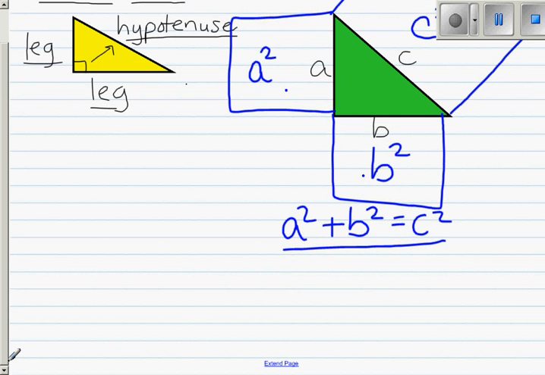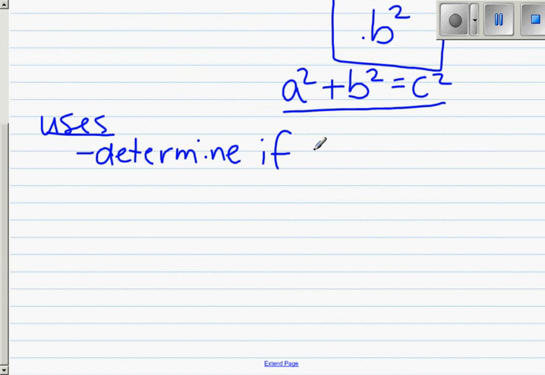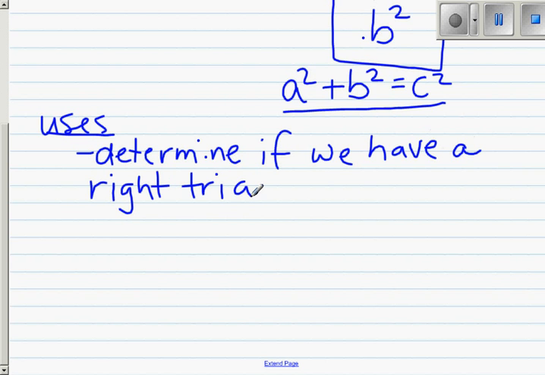So in order to use this, there are two places that we can use it, and those two places are to determine if we have a right triangle, and the other use is to find the missing side length, and we'll do that in a few minutes.